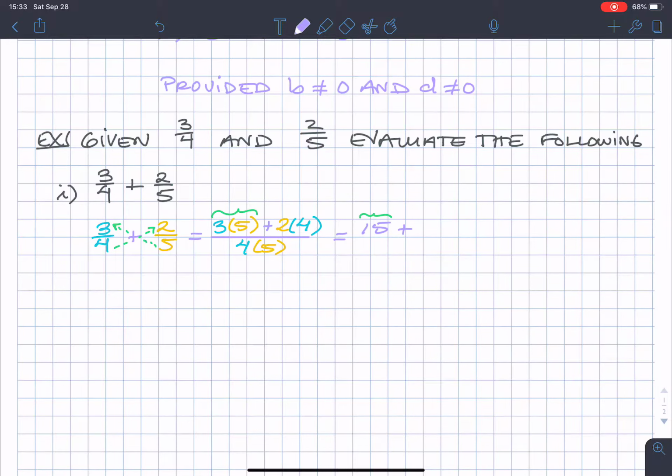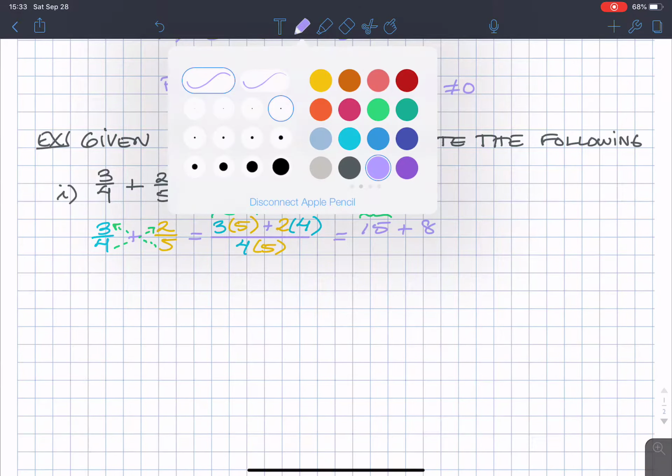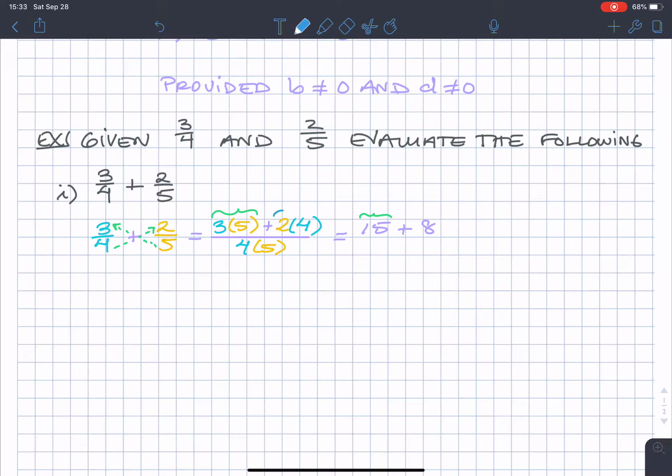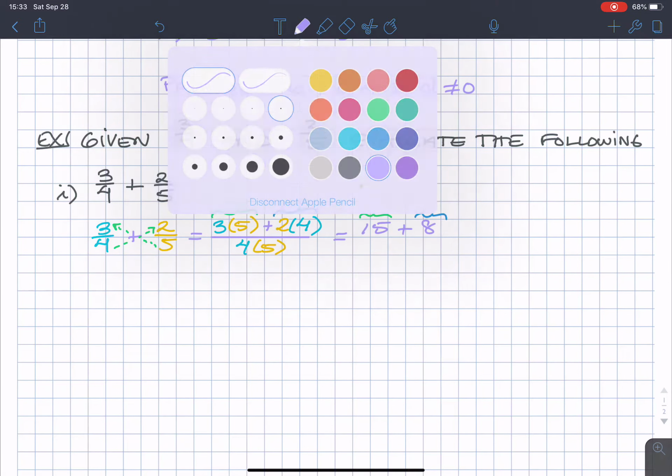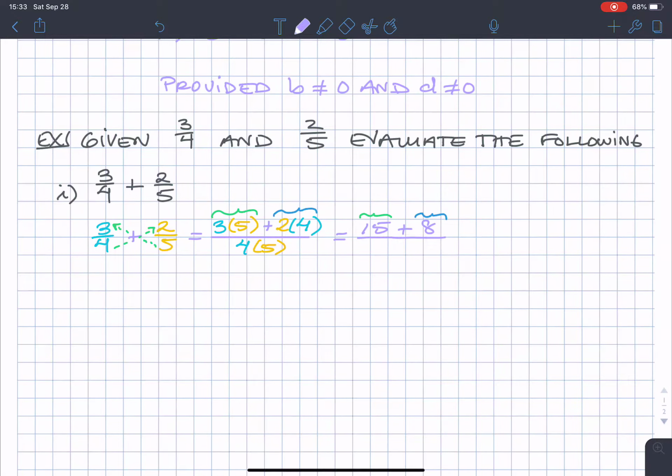So 4 plus 4 is 8. So the simplification here simplifies to 8. And we have all of this over 4 times 5, which is 5 added to himself 4 times, which gives us 20.